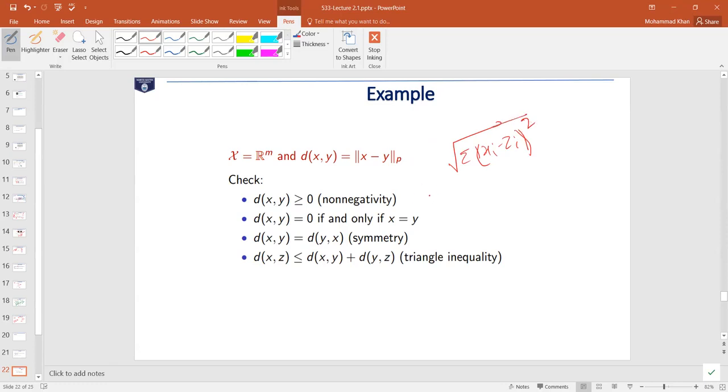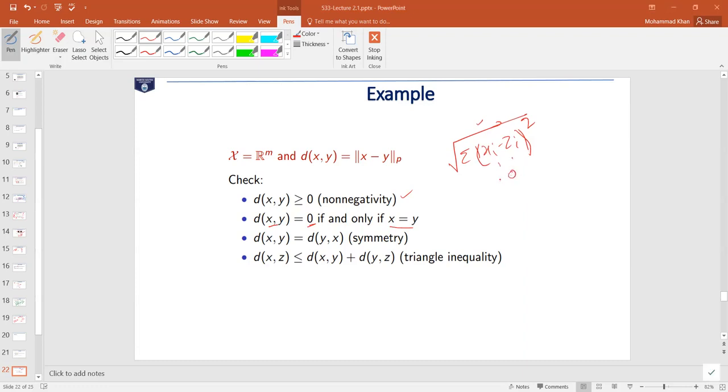Now, if we check, the distance is always non-negative, because we are using squares of some numbers, which are always positive, and we are taking the square root. And the distance from x to z is 0 if and only if x equals z. You can see that it's true. Only if x and z are the same will we get 0 here.